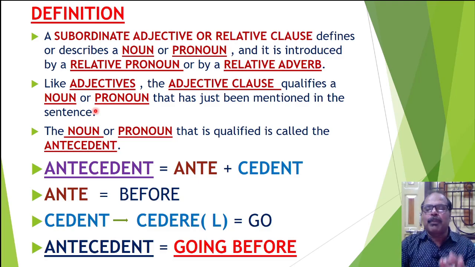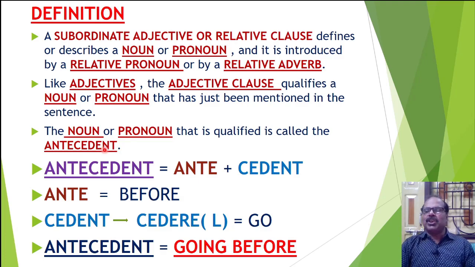The noun or pronoun that the adjective clause qualifies generally sits just before the adjective clause. What is it called? Yes, it is called antecedent.